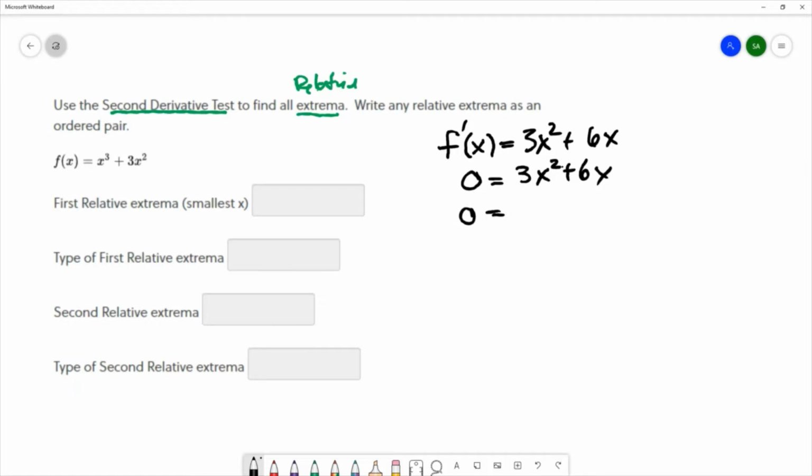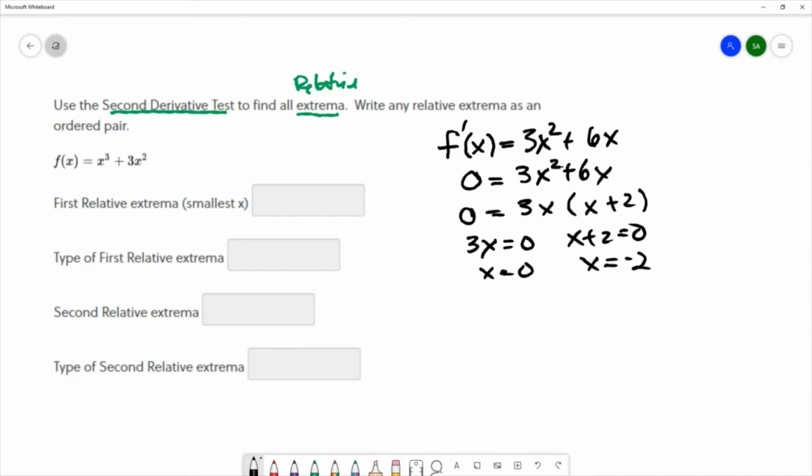And that's going to give me 3x times x plus 2. We're going to set each factor equal to 0. And that gives me x equals 0 and x equals -2 as my critical numbers. We don't get any critical numbers from the derivative being undefined since the derivative is a polynomial. So these are the only critical numbers.